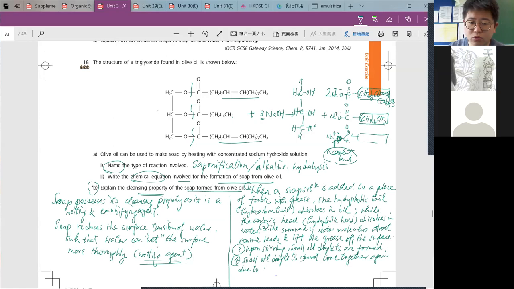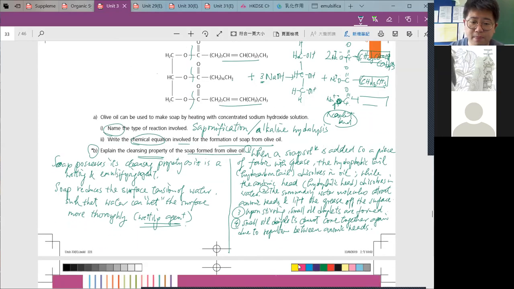Due to the repulsion between anionic heads. Okay, so what happened to number 5? Finally, you need to do what? Washing, very good, washing or rinsing.